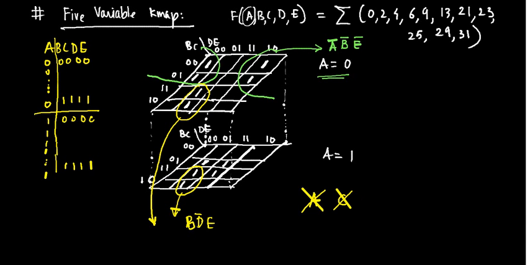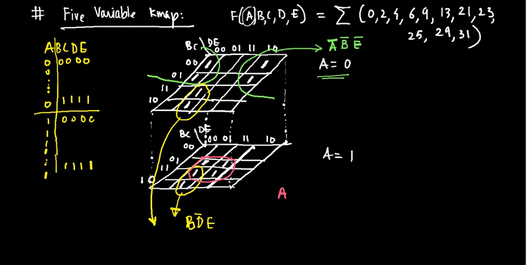Then this. All right. Now go for this one. Yeah. Go for this one. How many possibilities of group of 4 are there? Only one possibility. Mark it. So this one. Can you tell me the expression? Oh, that's easy. A is there.